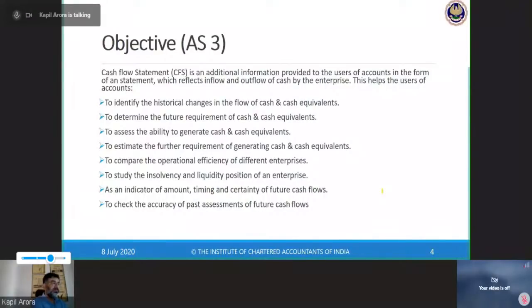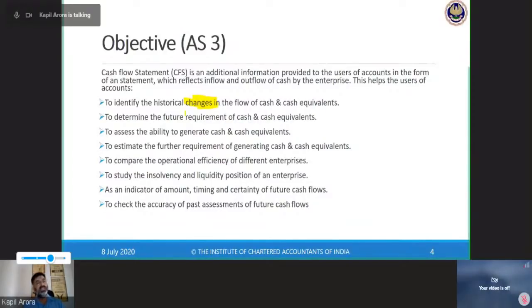So almost everyone has given the right answer, right? But apart from that, what exactly we get in the cash flow statement? In cash flow statement, we see what are the changes which have happened in the flow of cash or cash equivalent, right?